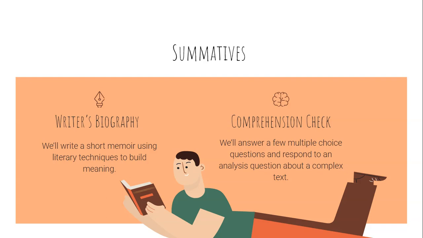We'll also have a comprehension check of some sort. It won't be very long. There'll be some reading comprehension, and then perhaps a constructed response where I ask you a question and then you have to write a short paragraph in response for me.